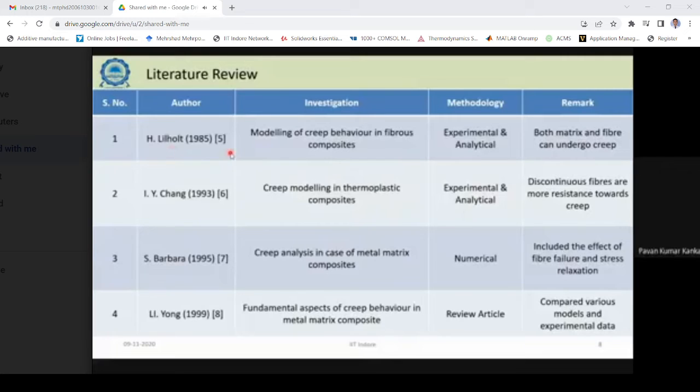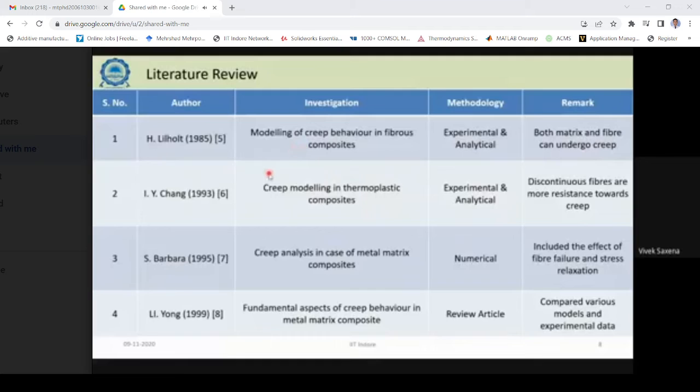Yeah, sure. In this study, the author did an experimental study which was followed by his analytical work, and investigated different composite materials for different ranges of temperature and studied their creep behavior or creep rate. One of the remarkable findings was that both matrix as well as fiber can undergo creep failure.